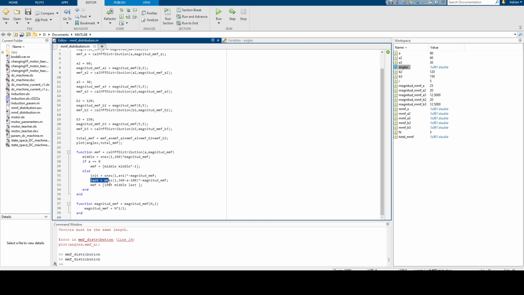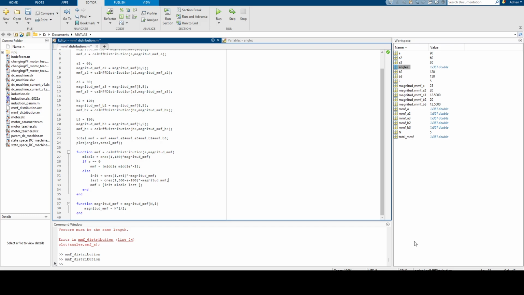And then the last part is the rest, so that will be 360 minus whatever the place of the angle of the coil was, minus 180, and I multiply it by the magnitude of the MMF.